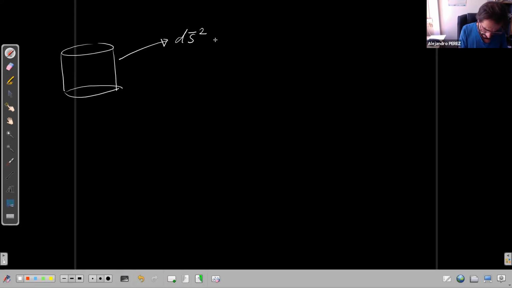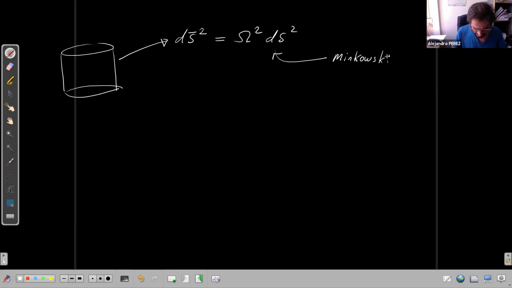So we found that we can use an unphysical metric, which is given by the Einstein universe metric, and write it in terms of a conformal factor omega squared times the Minkowski metric, the physical metric, via this conformal transformation, and that the whole of Minkowski spacetime will fit into a compact piece of Einstein universe.